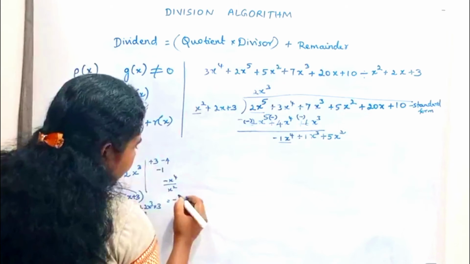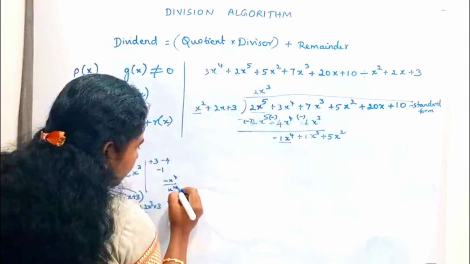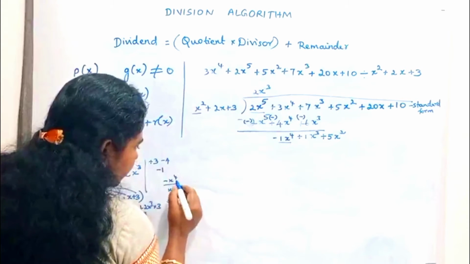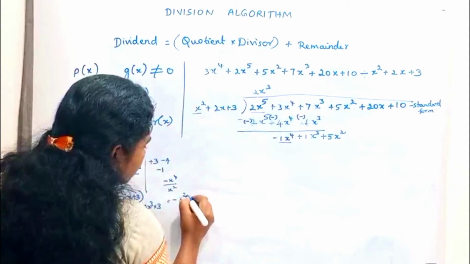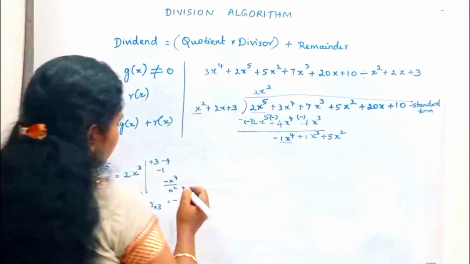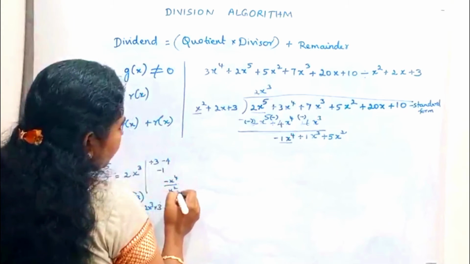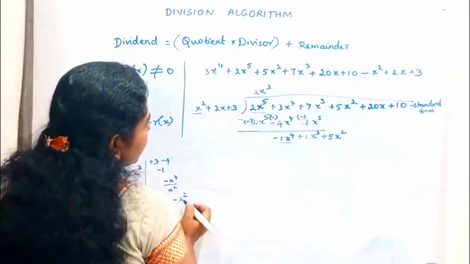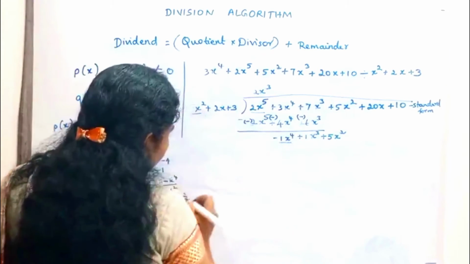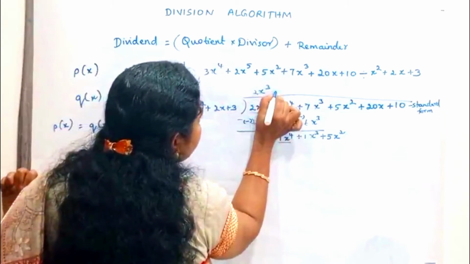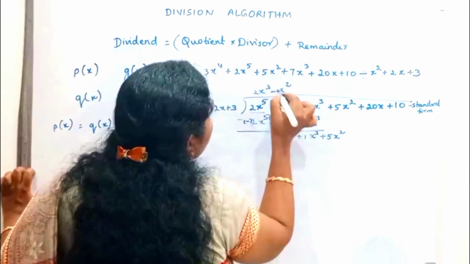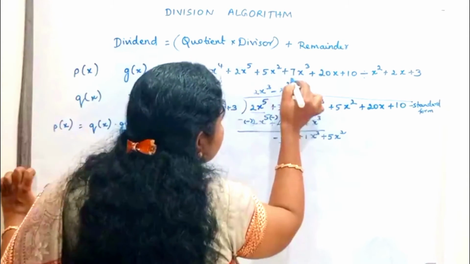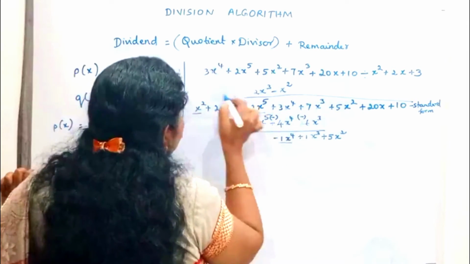So minus x power 4 by x square: since it is division, we have to subtract the powers. 4 minus 2 is 2. So minus x power 4 divided by x square is equal to minus x square. That should be written in the quotient. Now we have to multiply this term with the divisor.